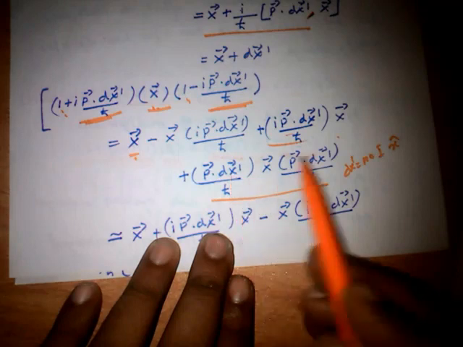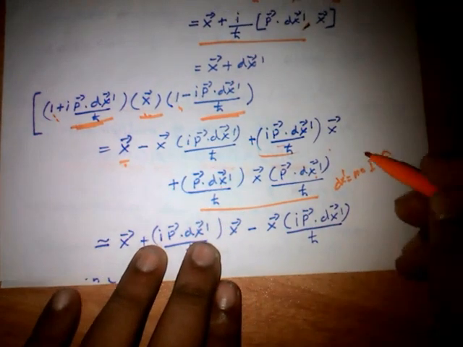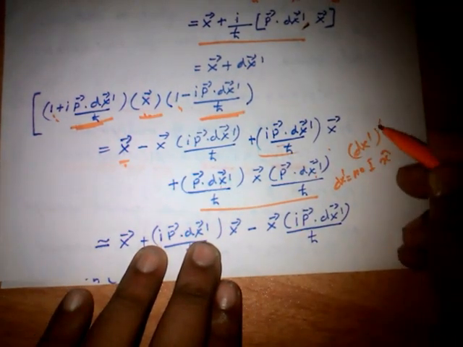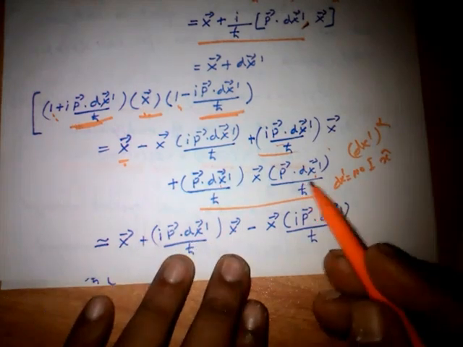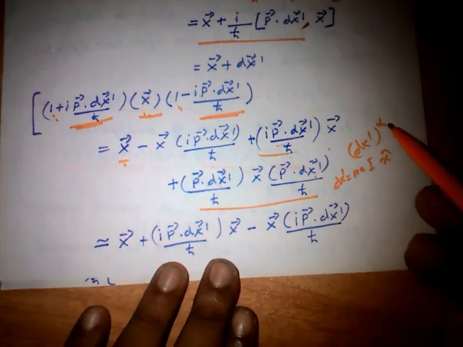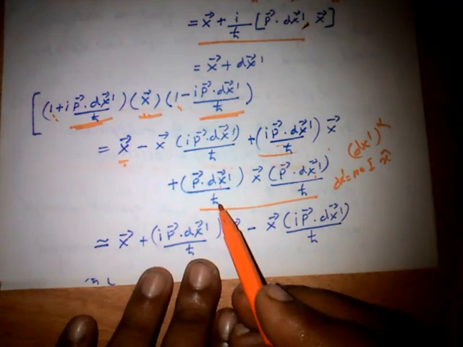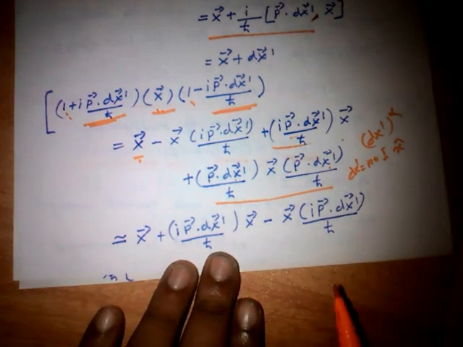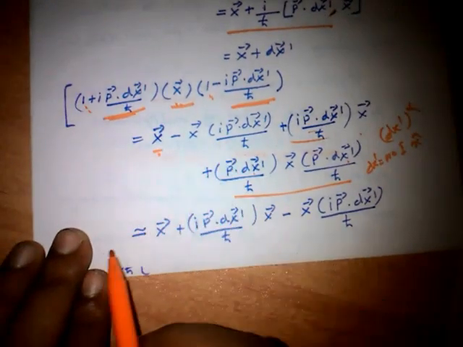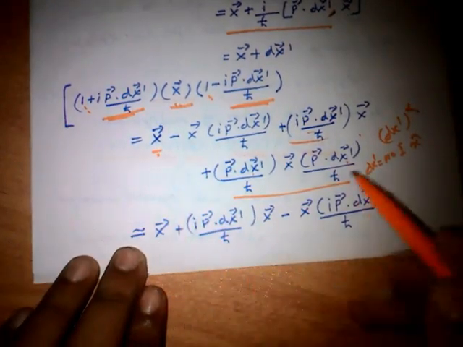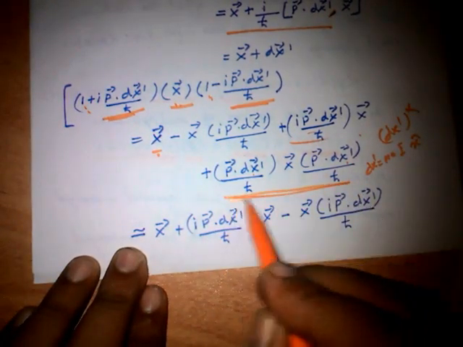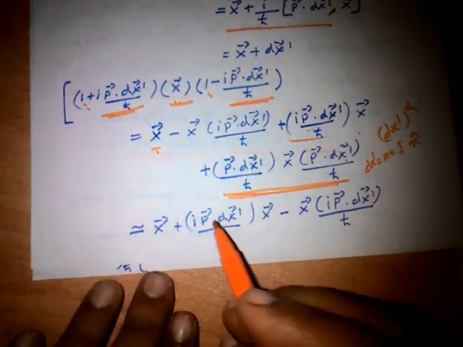If you multiply dx' with dx', we get dx' squared. This is a very small term, the second order term of this small distance dx' is too small and so it is negligible. So this is approximately equal to x plus, and we ignore this term.